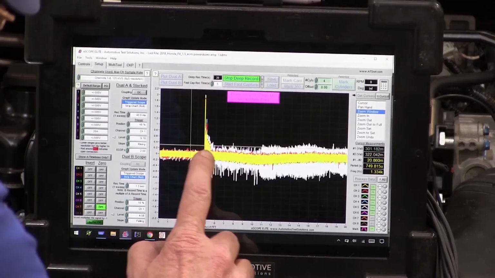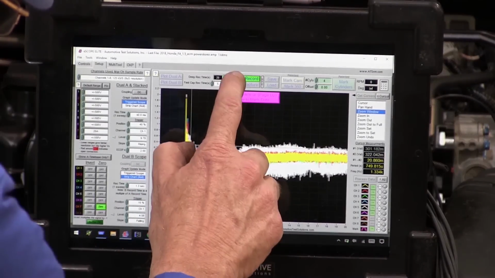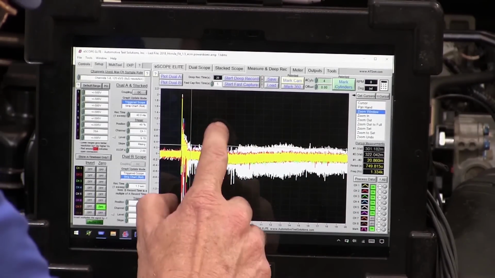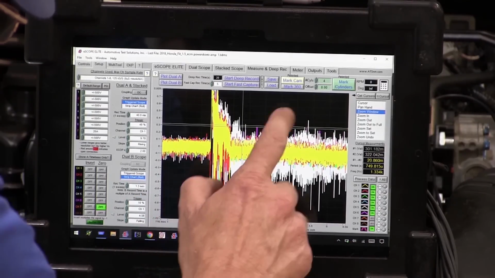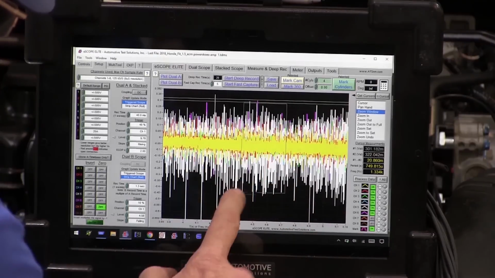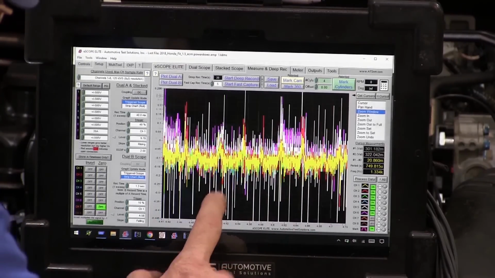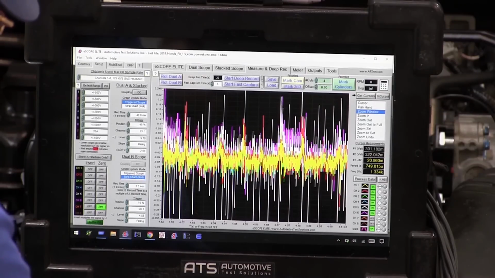And we can see right here, from when it was off to when it came on, when we started it, we have a difference. The difference is because now we have current flow, so we can have more of a drop. On the ground side, you basically want less than a tenth of a volt.